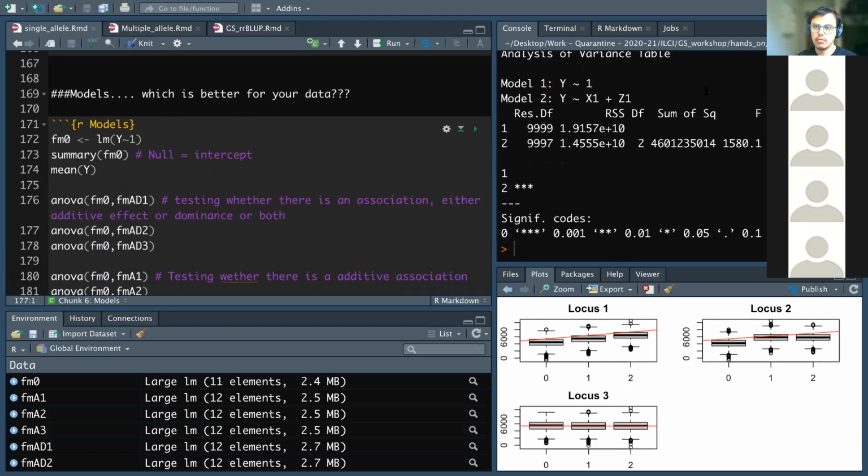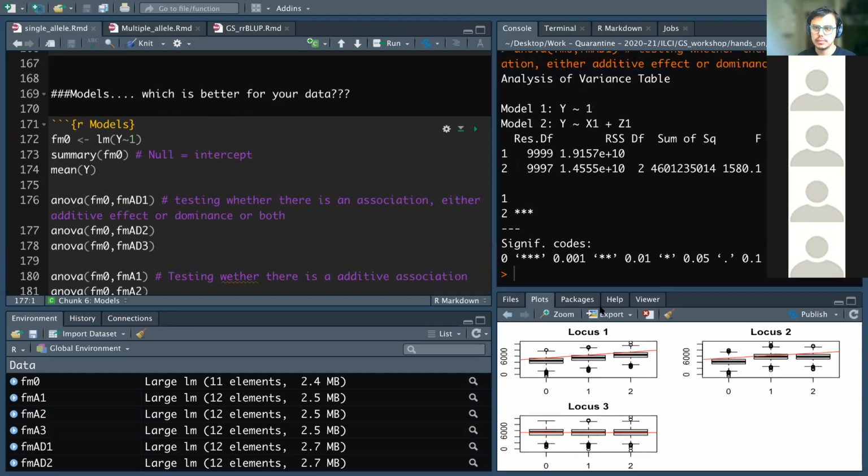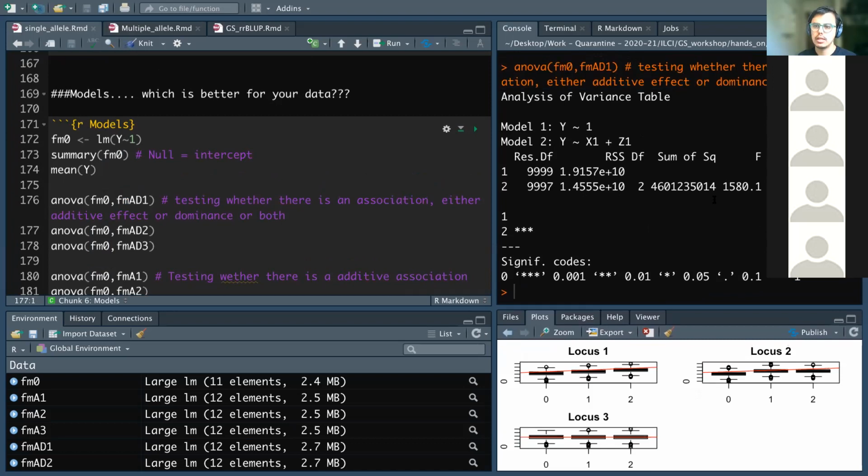If we run that, you'll check that the p-value of the ANOVA is lower than 2.2 minus 16. That is a very significant p-value, so that means there is something there.